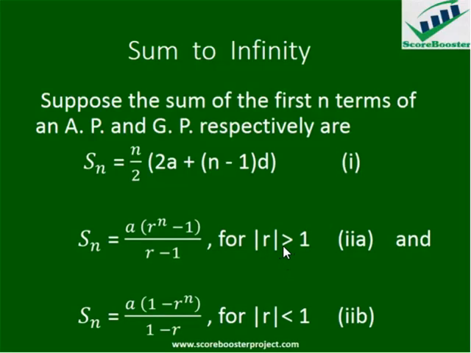Here we have greater than. The moment we divide by -1, it changes to less than. So r will be less than 1 divided by -1, which is -1. So this particular statement can also be written as r greater than 1 or r less than -1.